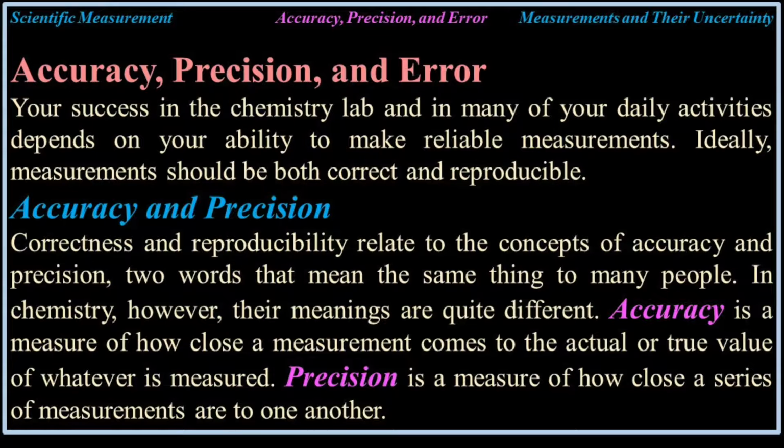Accuracy is a measure of how close a measurement comes to the actual or true value of whatever is measured. Precision is a measure of how close a series of measurements are to one another.